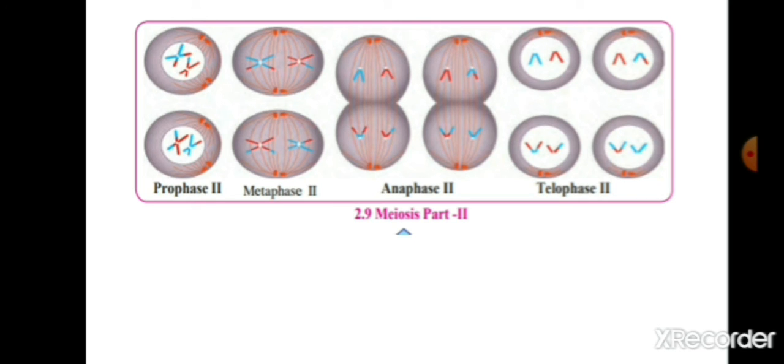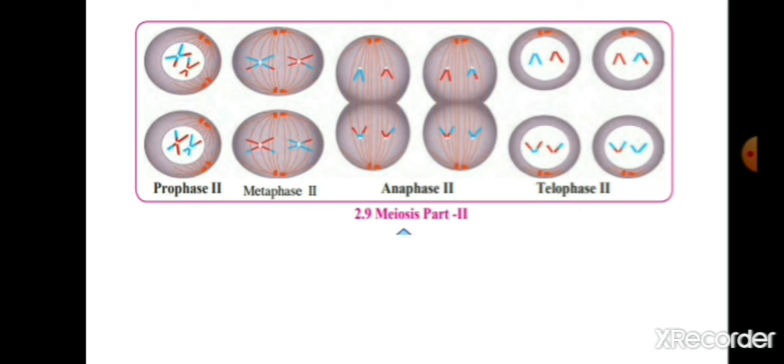Meiosis 2 is just like mitosis. During this stage, the two haploid cells formed in meiosis 1 undergo division by separation of recombined sister chromatids and four haploid daughter cells are formed. The process of gamete production and spore formation occurs by meiosis. In this type of cell division, four haploid daughter cells are formed from one diploid cell.